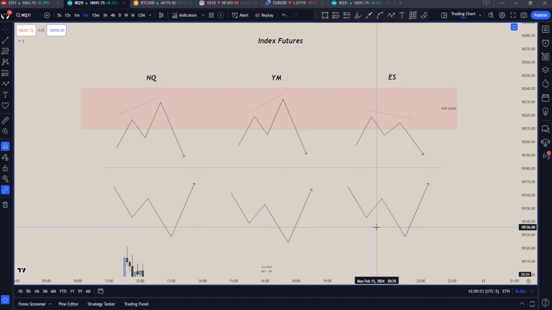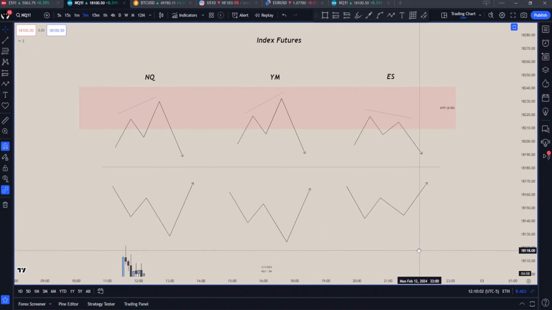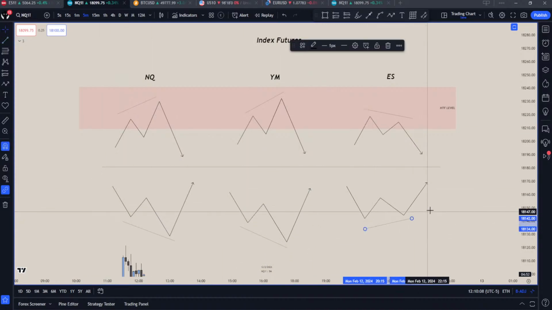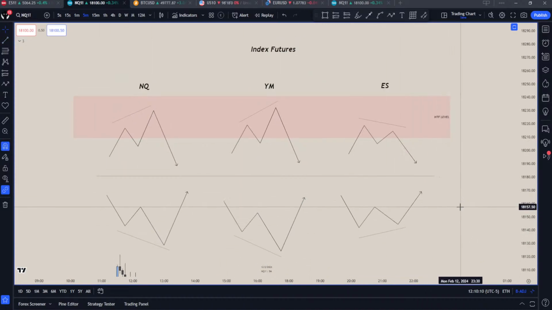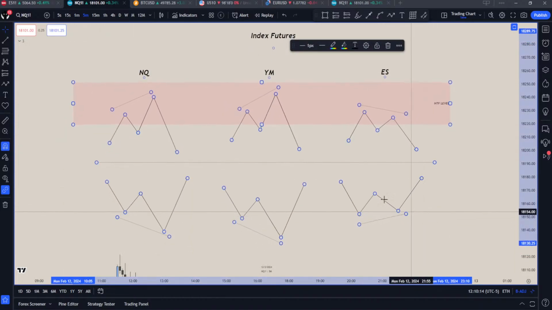So what happens if one market fails to make that lower low is then you'll be looking for that SMT divergence that occurs, a crack in correlation, right? So right here, YM and NQ make a lower low, but ES fails to make that lower low. Now you're looking for a bullish SMT divergence where the market may potentially want to go higher from this point.